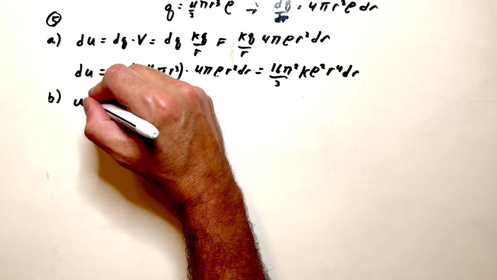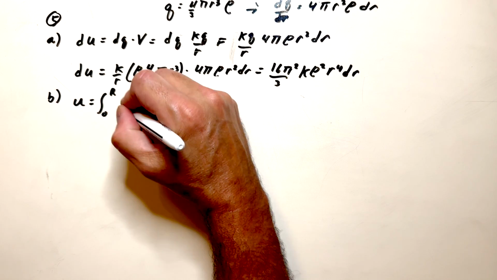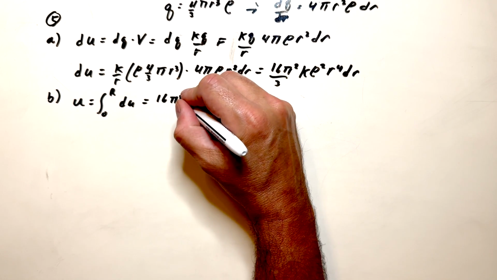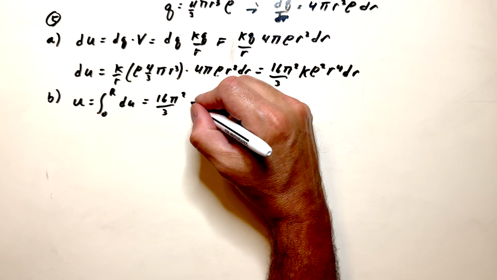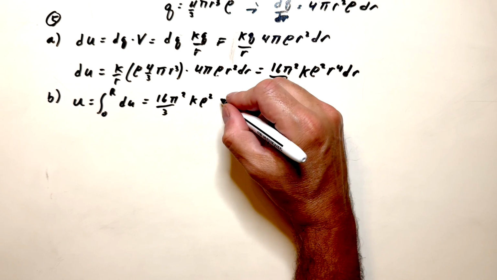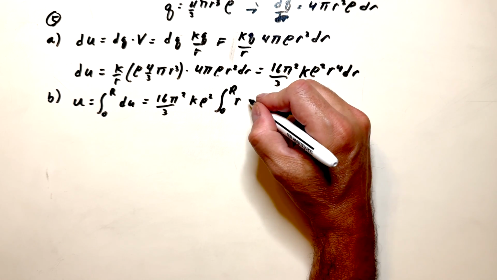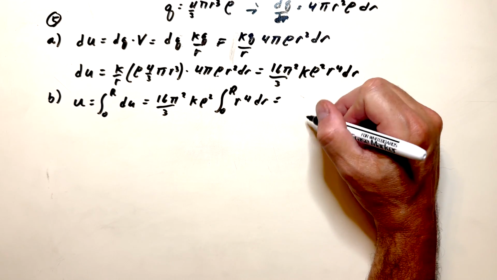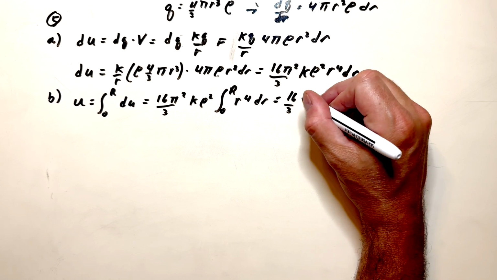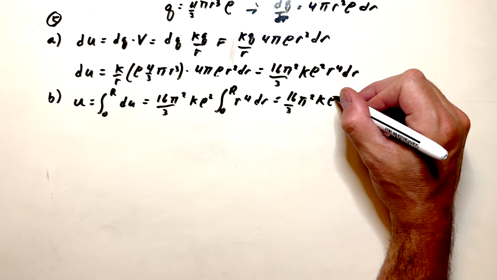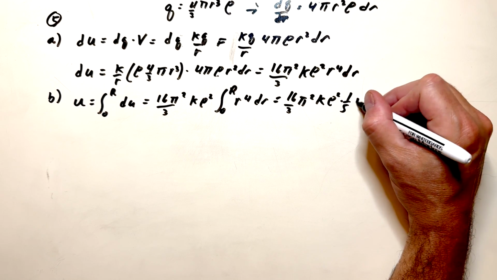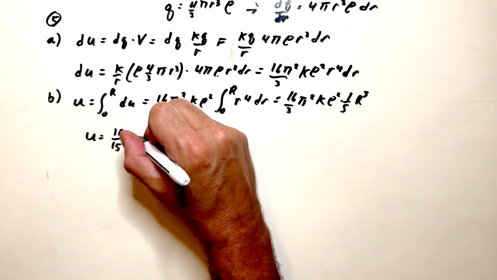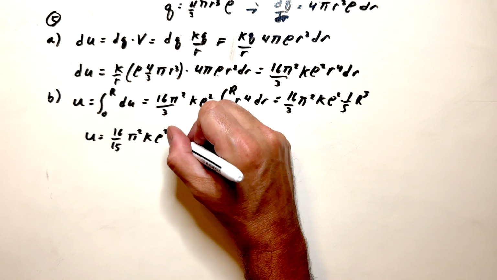So U will be equal to the integral from 0 to big R of dU, which is 16 pi squared over 3 times k rho squared, integral from 0 to big R of r to the 4th dr, which equals 16 over 3 pi squared times k times rho squared times 1/5 R to the 5th, and that will equal U equals 16/15 pi squared k rho squared R to the 5th.